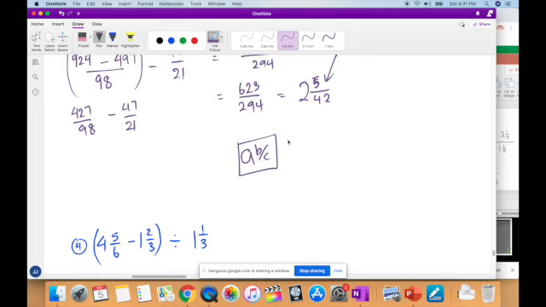So if you want to reduce something, you could just put like 623, and you press that button, and then you go 294. It will show up like this, 623 over 294, and then you just press enter, and it will actually reduce it.